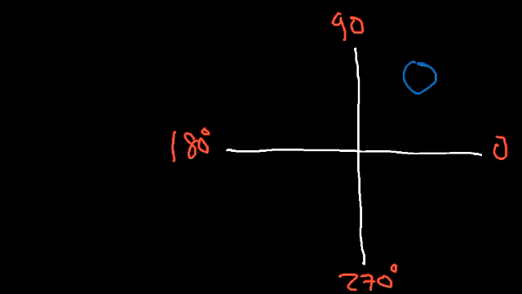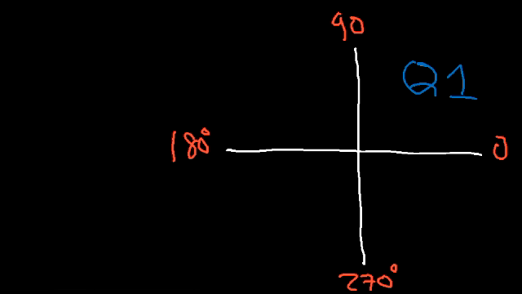Now, the next thing that you need to be familiar with are the quadrants. So this is 0, 90, 180, and 270. 360 is the same as 0 degrees. So between 0 and 90, this is quadrant 1. X and Y are positive in quadrant 1.